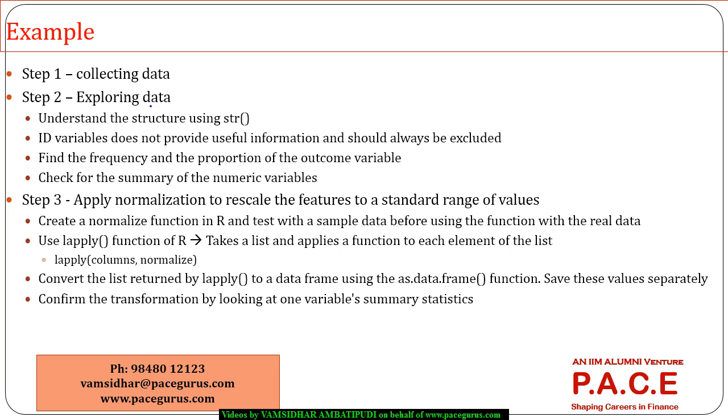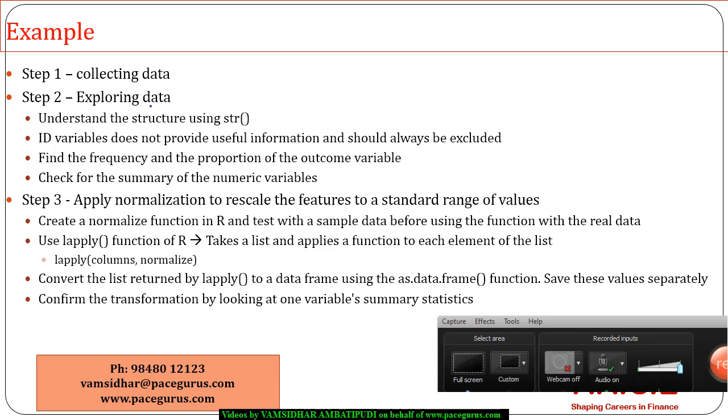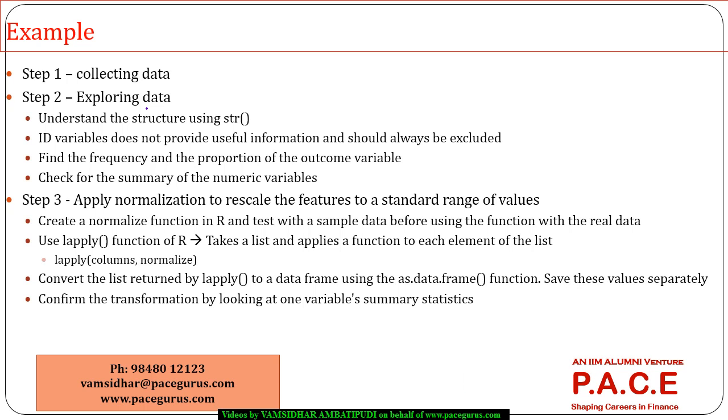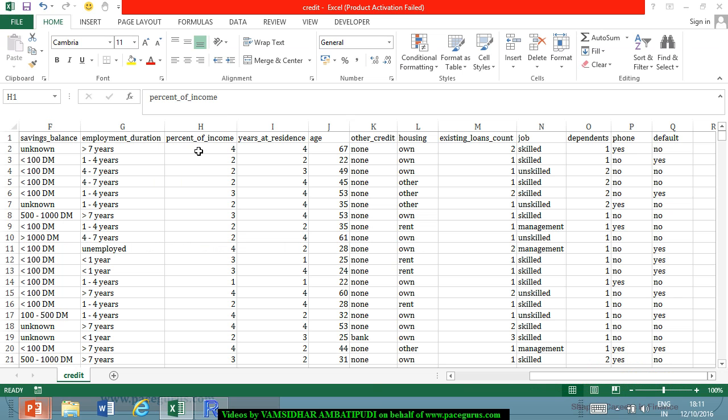So let's go ahead with the example. For this, let's take a data set. I'm taking credit data that I have downloaded from a public source. This credit data has a variable called default.